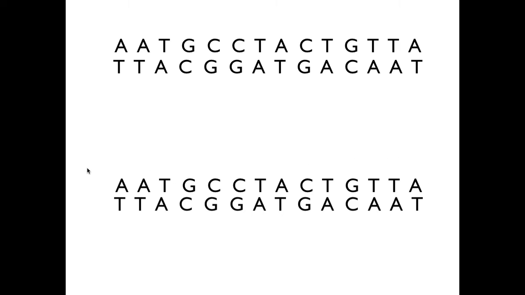This process is called semi-conservative because we start with 1 DNA strand, it unzips, and we get new parallel strands that come in and form with those base pairs. So only half of each strand is actually made up of new nucleotides.